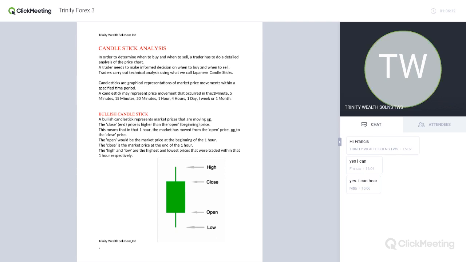Hope you can all see my chart. Just give me 1 second, please. Somebody needs my help here.